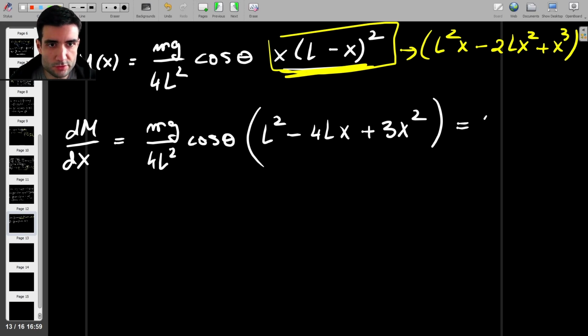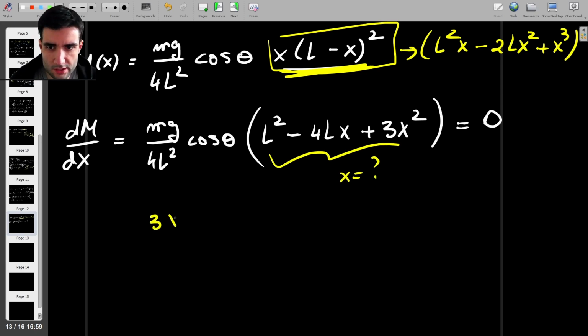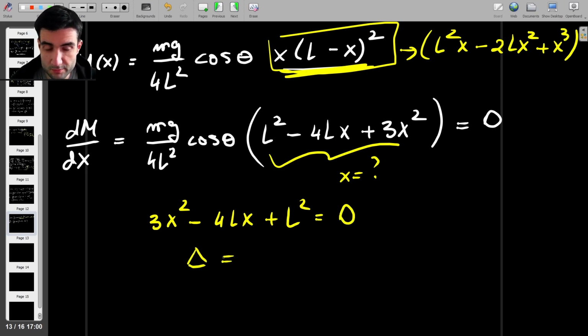Then we make this equal to 0 and we then try to solve for x. So this is essentially a quadratic: 3x squared minus 4Lx plus L squared equals 0. So we're going to do the usual method. We're going to find the discriminant. We're going to pray it's going to be a perfect square. And then we're going to find x.